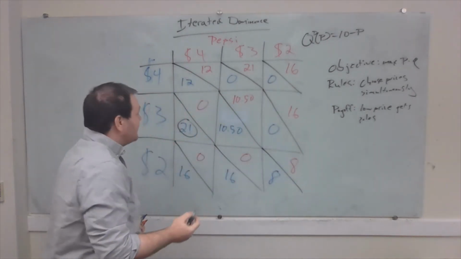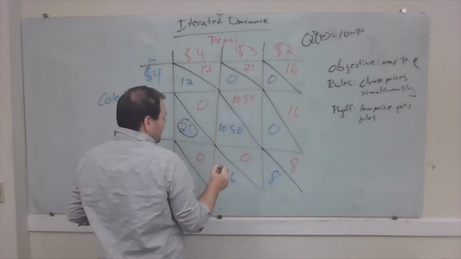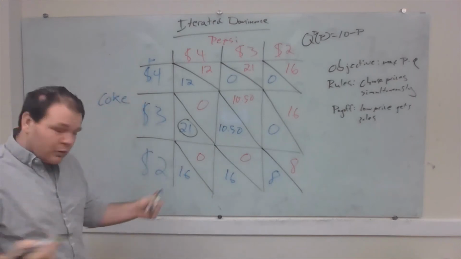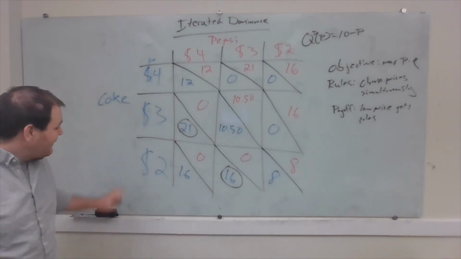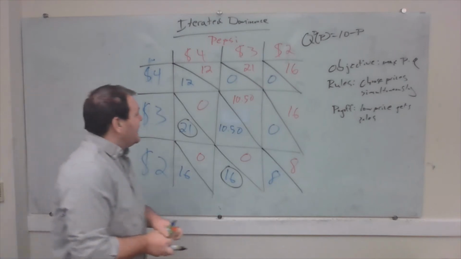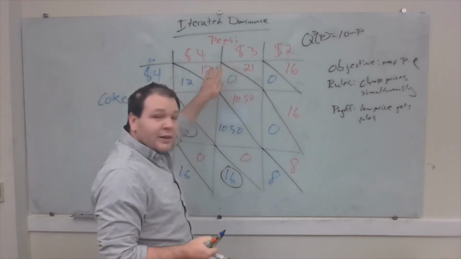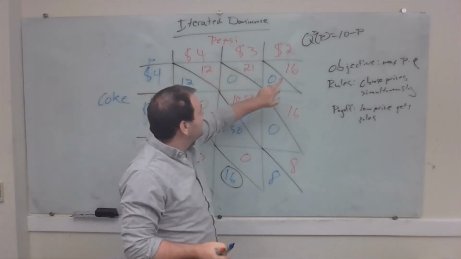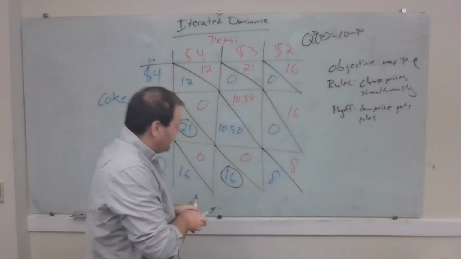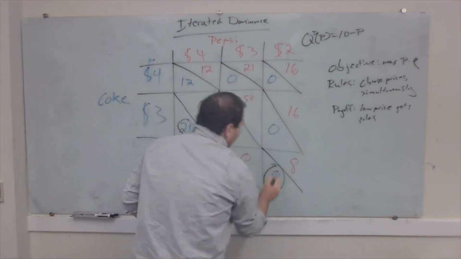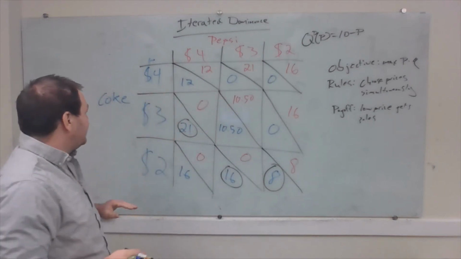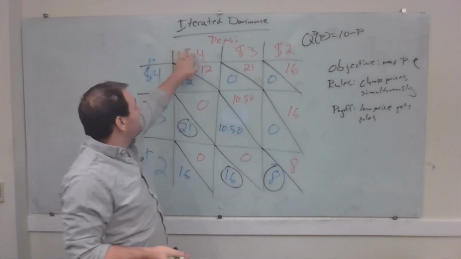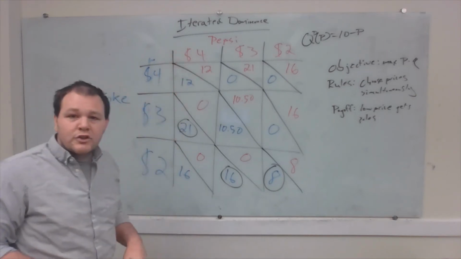In this case, they would decide, do I want to make nothing, $10.50, or 16? Well, clearly they're going to want to make $16 by charging a price of 2. And if they knew that Pepsi was charging a price of $2, their choices would be, do I make nothing, nothing, or 8? Clearly their best choice is going to be $8. So their best response is going to depend on Pepsi's decision. They charge 3 if they knew Pepsi would charge 4, otherwise they'll charge 2.